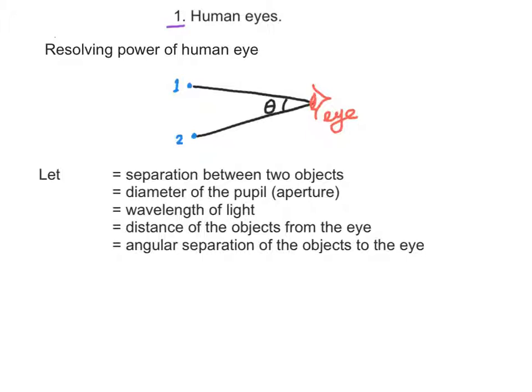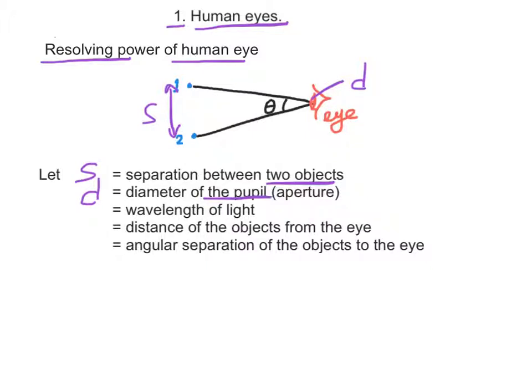First, human eyes. The resolving power of the human eyes: let S be the separation between the two objects, D be the diameter of the pupil, that is the aperture, lambda is the wavelength of light used, R is the distance of the objects from the eyes, and theta is the angular separation of the objects to the eyes.